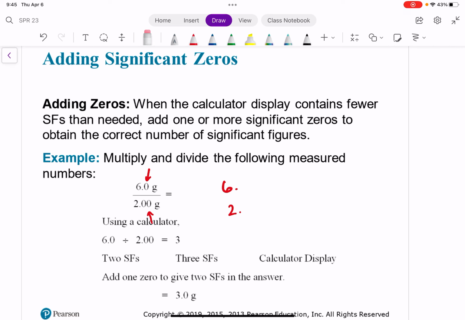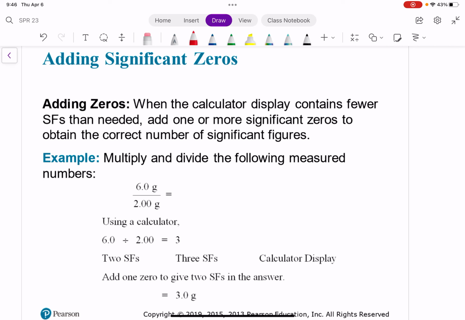It doesn't know that this 0 in this spot here is actually important to us, right? Because you could keep writing this out forever. So in the calculator's eyes, sometimes they will leave off some of those sig figs. We don't want to leave off any sig figs because we want to show how accurate our numbers are.